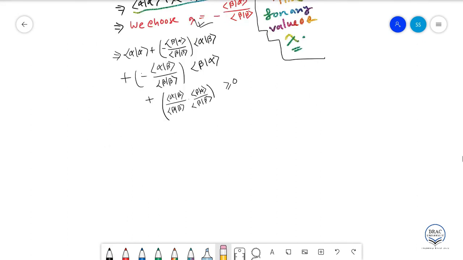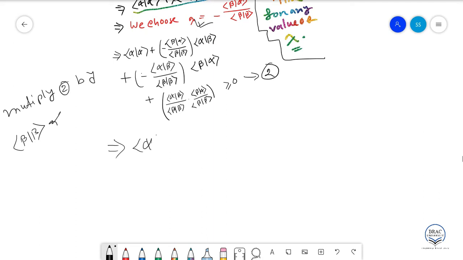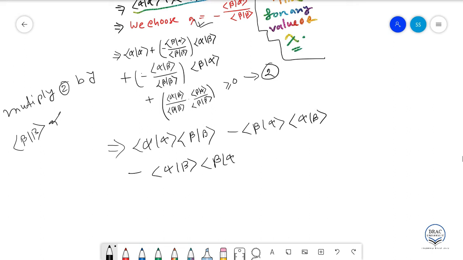And now if we do some algebra, that is we multiply by beta beta, this is alpha alpha beta beta minus beta alpha alpha beta minus alpha beta beta alpha, and finally we have alpha beta beta alpha.